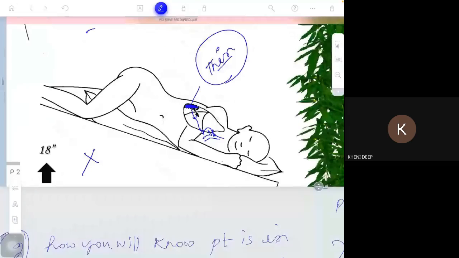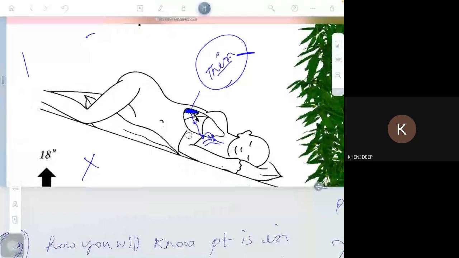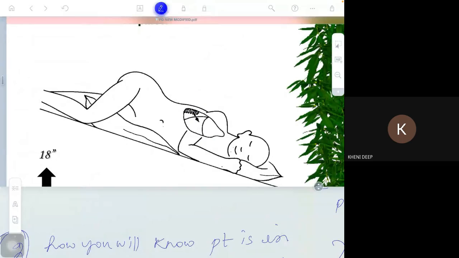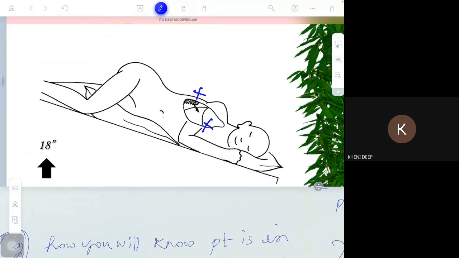You will grasp the anterior chest wall and posterior chest wall and it should be shaken in this direction. Shaking should be performed towards the main bronchus.